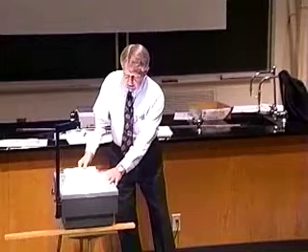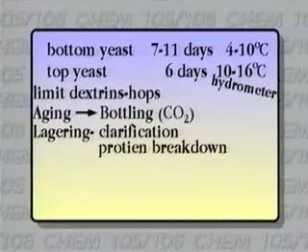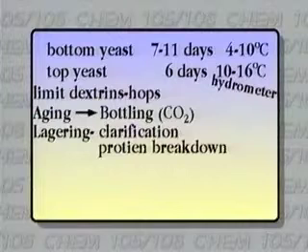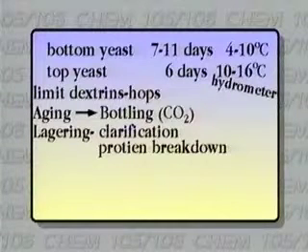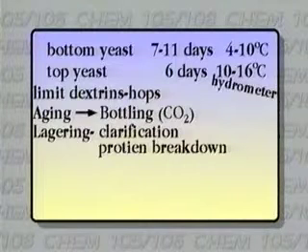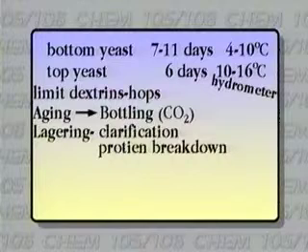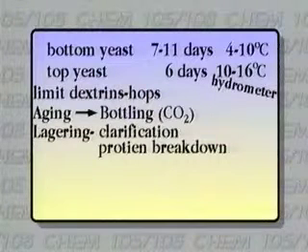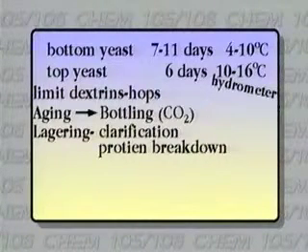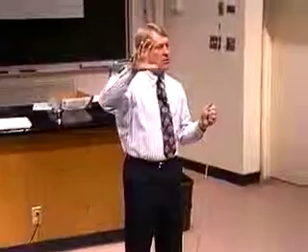Well, the brew is then aged and bottled. A process called lagering is carried out. The lagering is an aging process. When we do this fermentation, there are some proteins in there, and these proteins make sort of a suspension in the beer, a cloudiness.